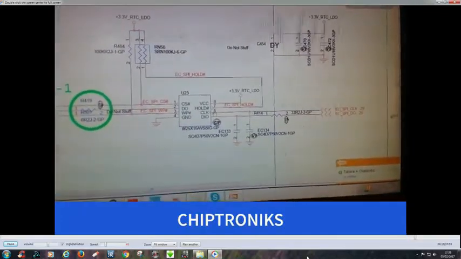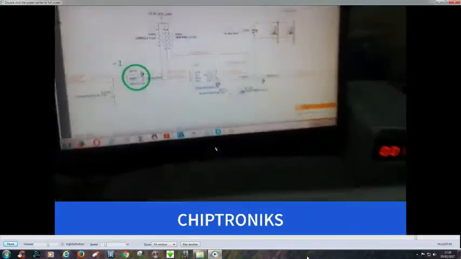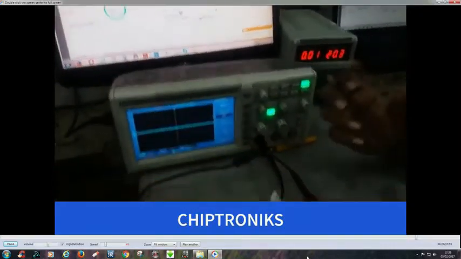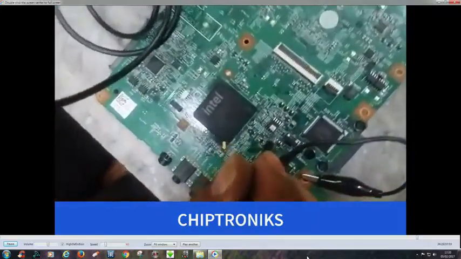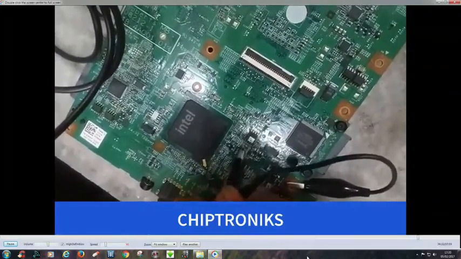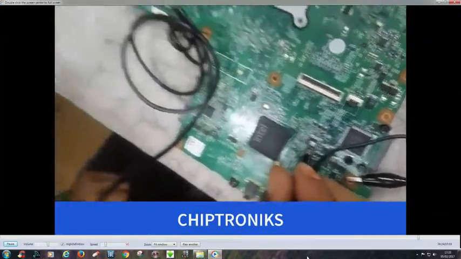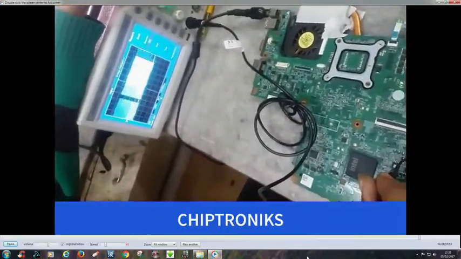So we see first pin number 6 at this BIOS chip. What kind of wave can you see in the CRO at pin number 6? This is our EC BIOS. So let's check at pin number 6. And you can see at pin number 6, I will just modulate to see.